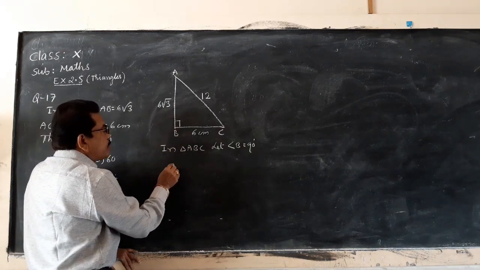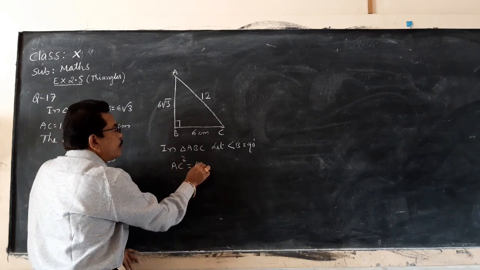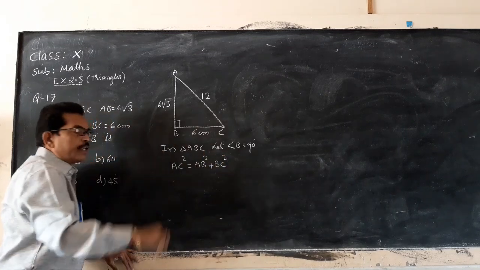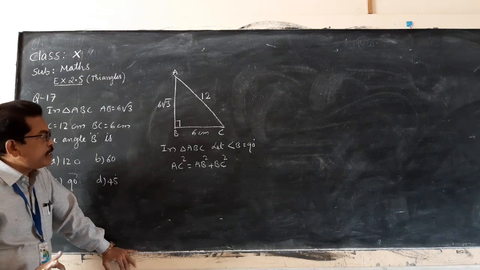According to Pythagoras theorem, AC square equals AB square plus BC square.